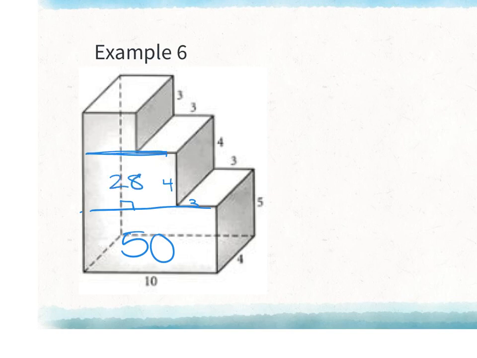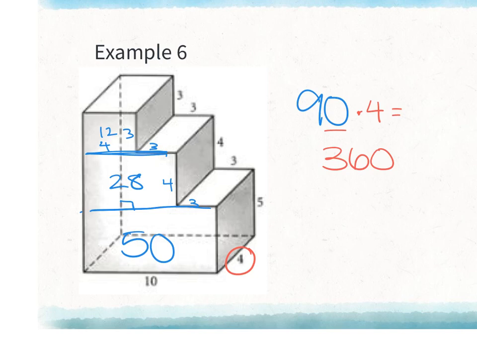And then if this length is 7 and that much is 3, I've got 4 and 3, 12. And yesterday and today we're saying 12 plus 28 plus 50 is 90 for my base. Multiply that by the height of the prism, 4, and I'll get my volume. 4 times 9 is 36, times that 10, 360 units cubed.